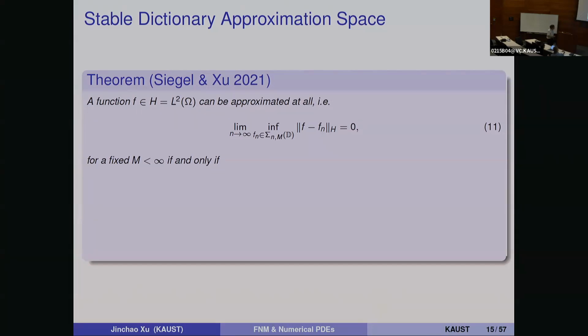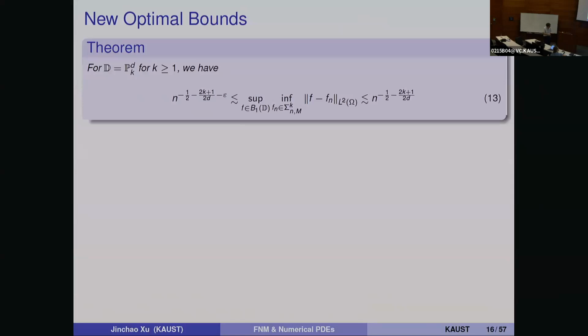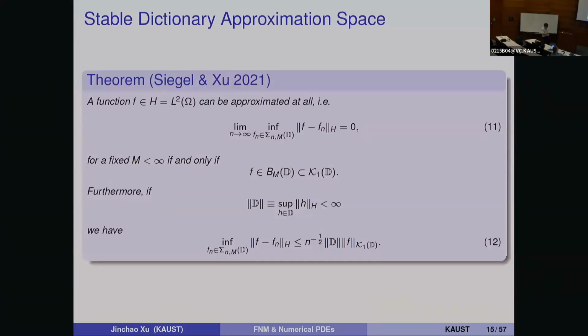In this case, we actually identified that if and only if this f should be in this K1D. And we like this result very much. Very simple. This is if and only if. Once you get that, I can get this quantitative convergence like this.